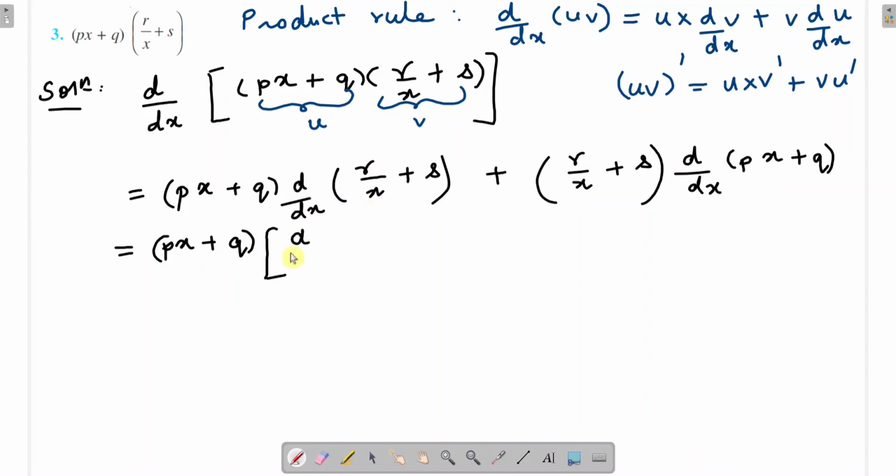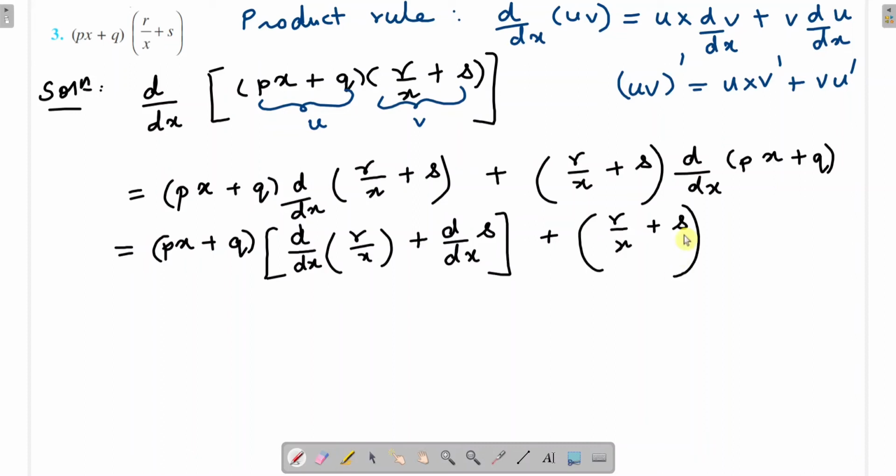We can split the derivative to both the functions, so derivative of r by x plus derivative of constant s, okay, plus r by x plus s, and then we can take the derivative of both functions, derivative of px plus derivative of this constant q. Okay. So this will be px plus q.